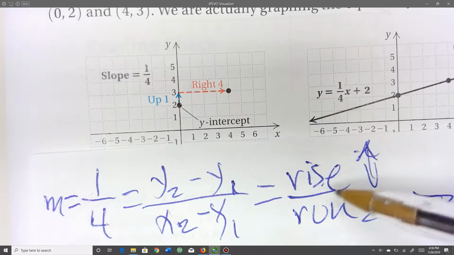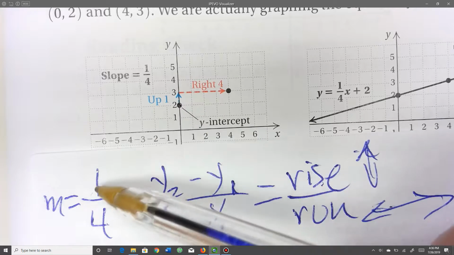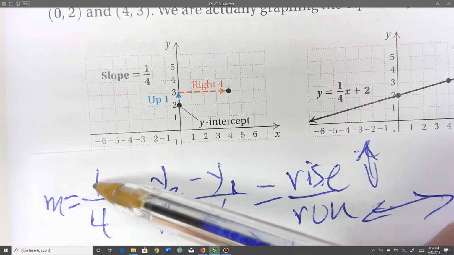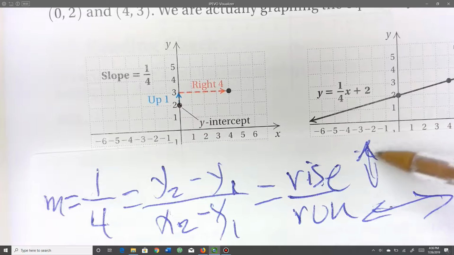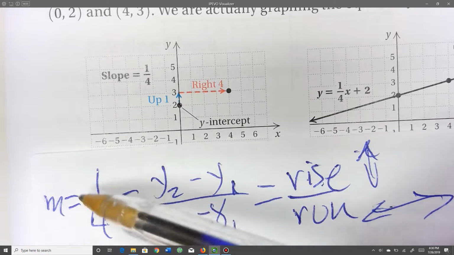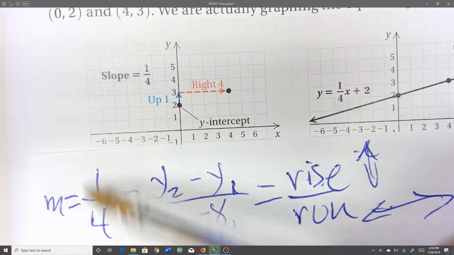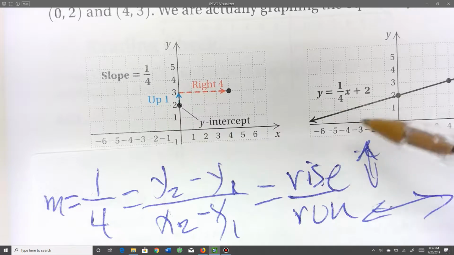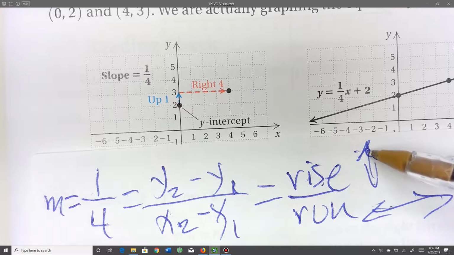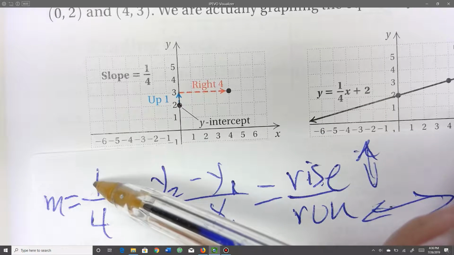Yeah, I will start with my rise, and then I do my run. Okay, my rise is 1. Is it positive or negative? See, because you're right, it moves up or down. That's determined by the sign. Okay. In this case, it is positive. Both of them are positive. So I'm going to be moving up. Okay. So for my rise, I move up.